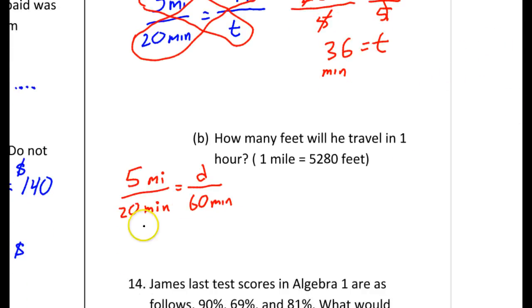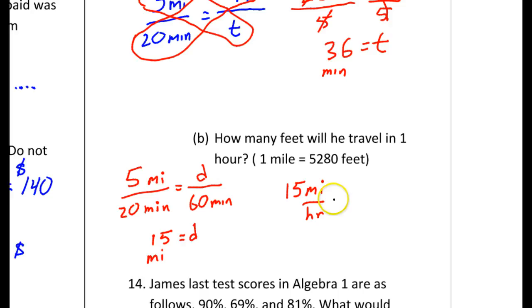I'll let you do the work on this one. I can see that 20 times 3 is 60. So 5 times 3 is going to be 15. 15 is D, and that'd be 15 miles, right? 15 miles. And then once again, we can convert that. I can go 15 miles in 1 hour, 15 miles per hour, right?